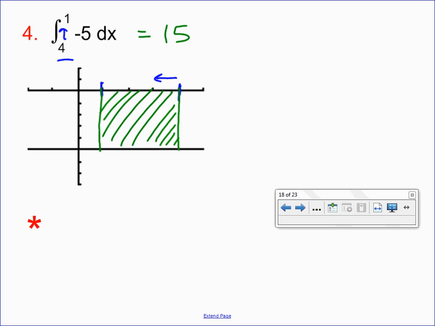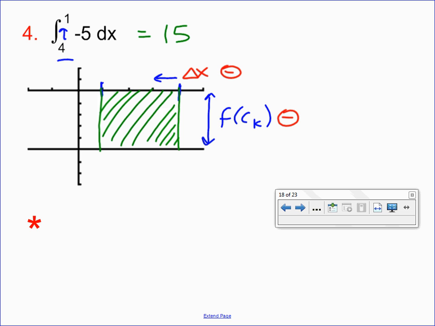And so little negative delta x values, when multiplied by rectangle heights that are gained by function values, in this case my function values f of c sub k are beneath the x-axis, therefore they're returning negative values, result in little rectangle areas that are the product width times height. That's negative times negative overall is positive. So when we sum up all those little positive rectangle areas, we get a positive 15.